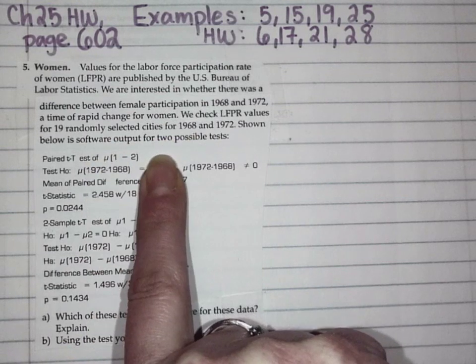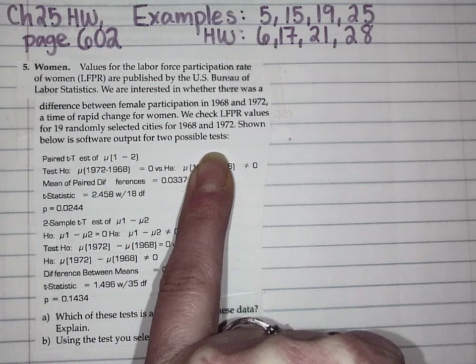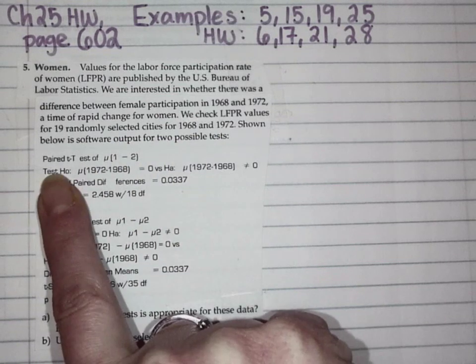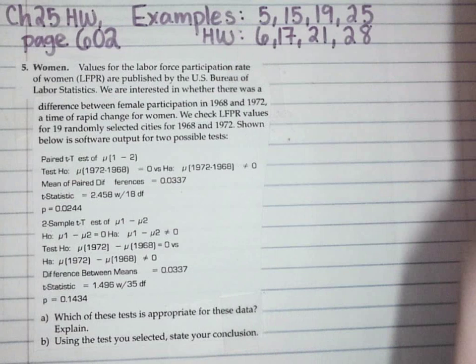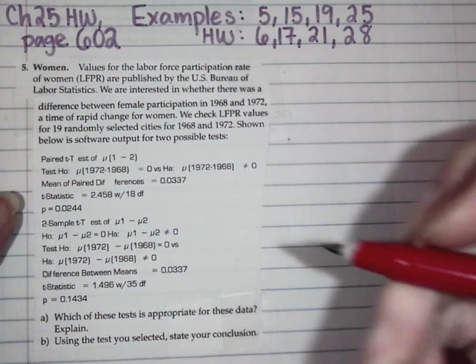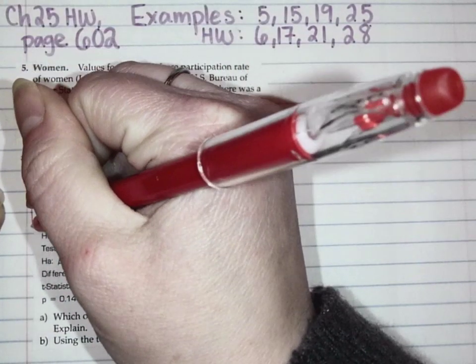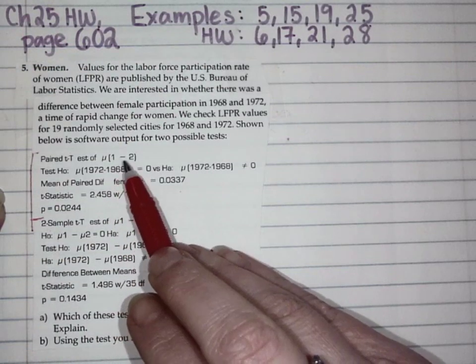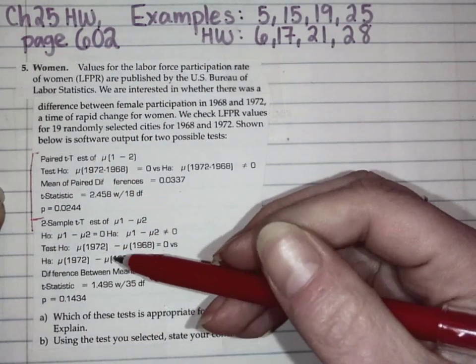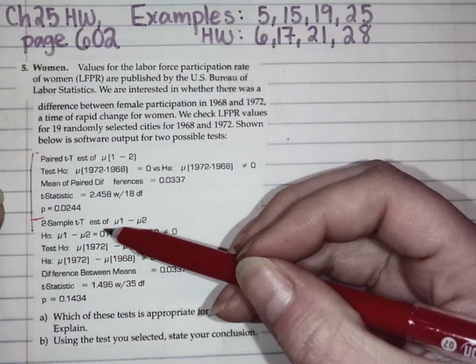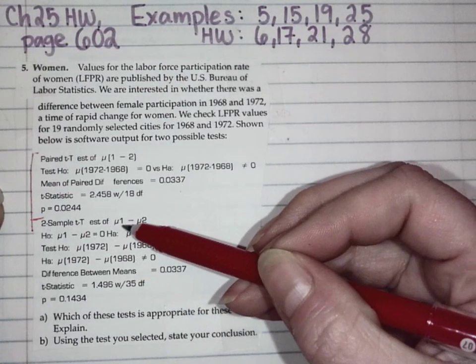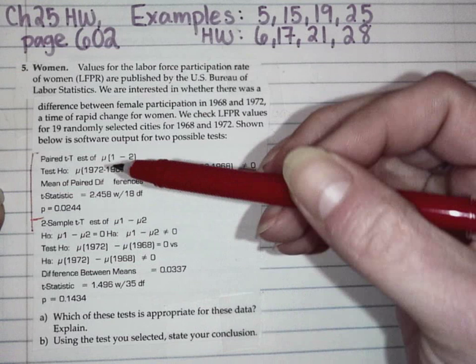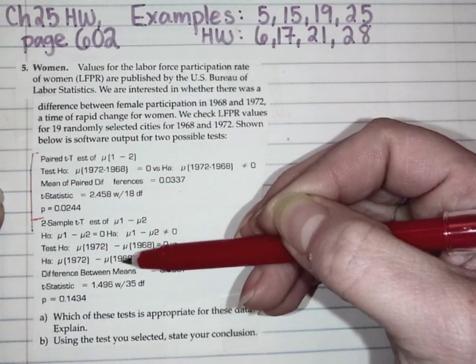Shown below is software output for 2 possible tests. We can see that there is a paired t-test of mu of 1 minus 2, and then they have a 2-sample t-test of mu 1 minus mu 2. So this is one, this is another one.